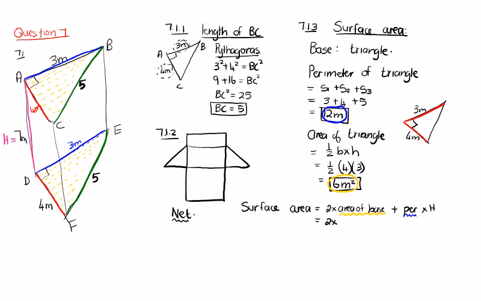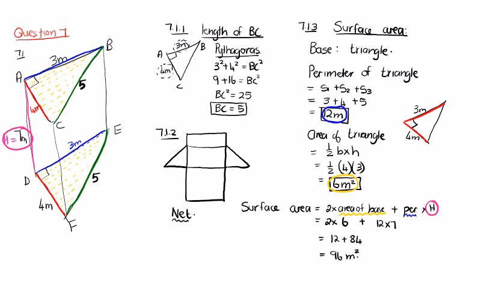And the big height is 7. So you are going to put it in, so it's 2 times 6 plus 12 times 7. So that gives you 12 plus 84, and that is 96 meter squared.